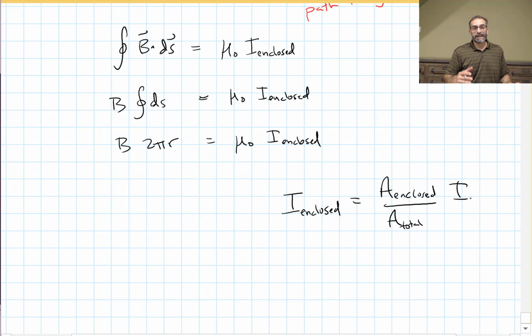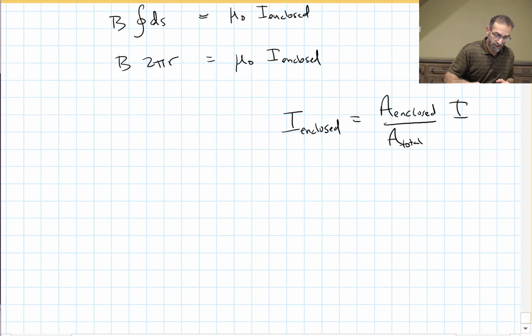Okay, think about anything. Water flow. If there was water flowing uniformly across the diameter of a pipe, you could do the same thing to figure out how much water was coming out of a certain cross-sectional area of the pipe. But this is current flow, and we can do the same thing. Ratio of the areas, because it's uniformly distributed over the area.